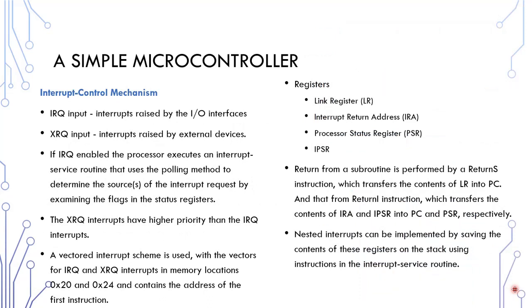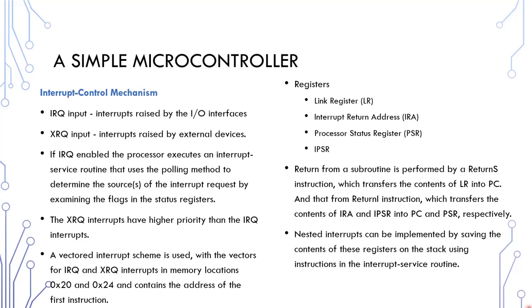Now let's see the interrupt control mechanism in a simple microcontroller. Let's consider a processor that has two interrupt requests, say IRQ and XRQ. The IRQ input is used for interrupts raised by the input-output devices within the microcontroller. The XRQ input is used for interrupts raised by external devices.